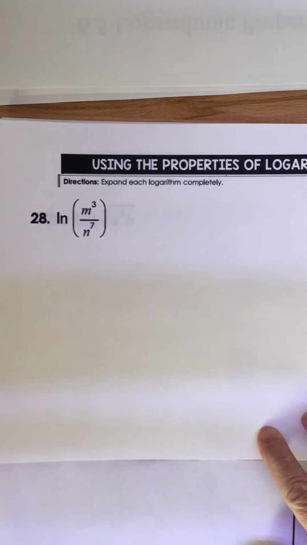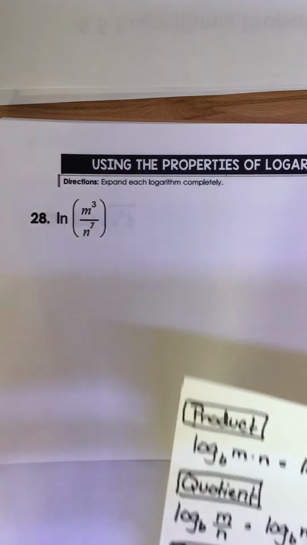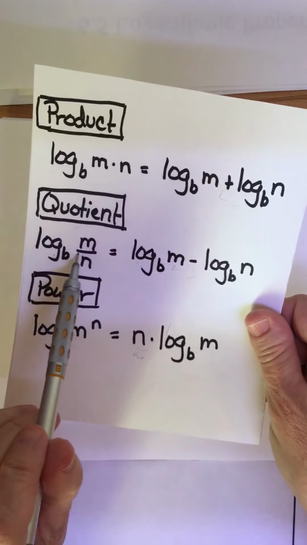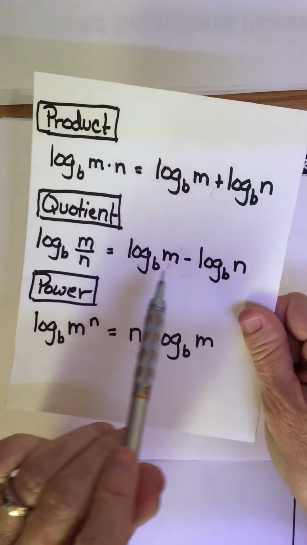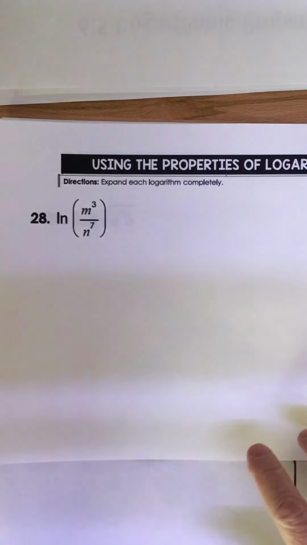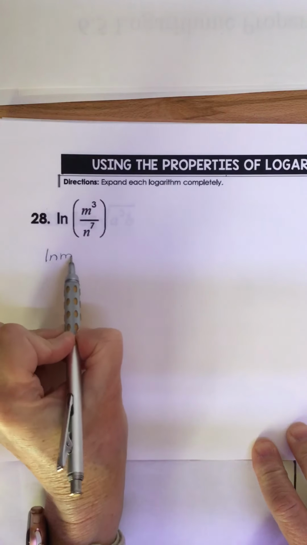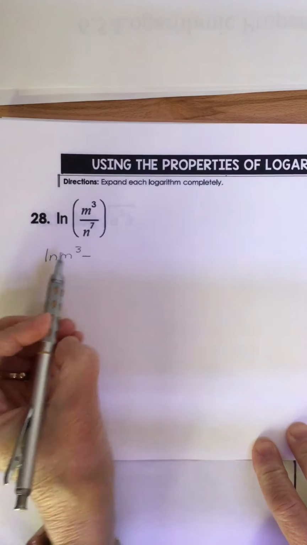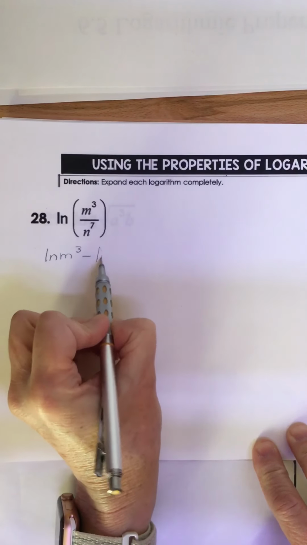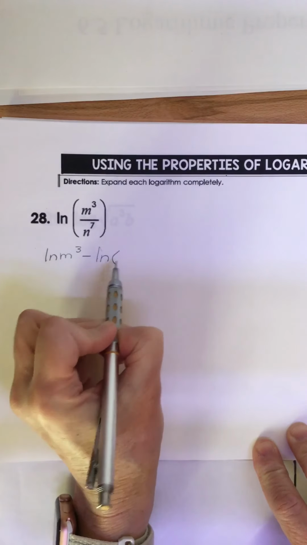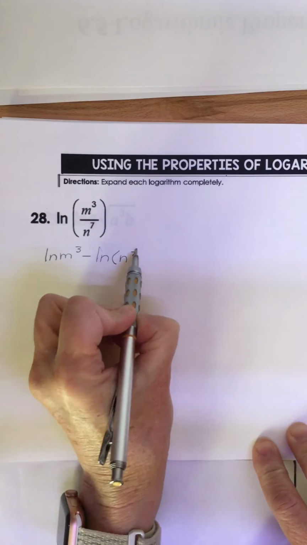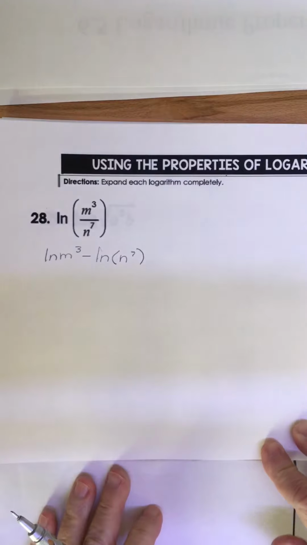This one, since we're dividing here, so this is dividing, now we're going to go to subtraction. So natural log m cubed minus natural log n. I'm going to put a parenthesis there because putting two n's there looks weird.